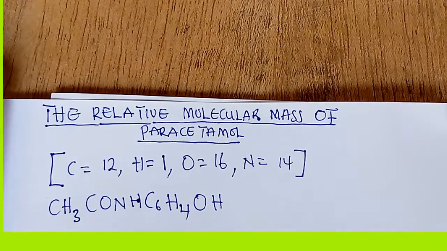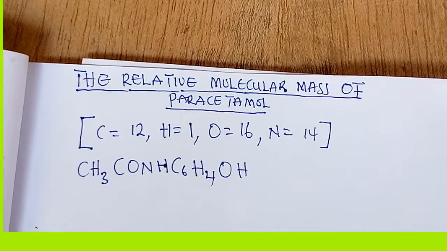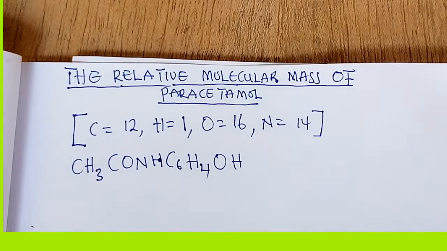This is the chemical formula for paracetamol. That is a very famous painkiller in the world. So for them to make this paracetamol, they need to mix carbon, hydrogen, oxygen, and nitrogen in a particular proportion.